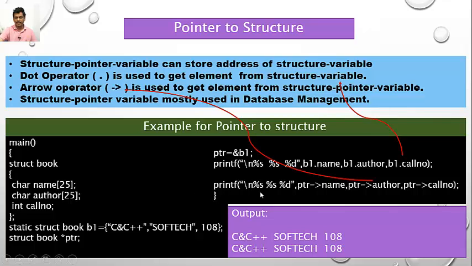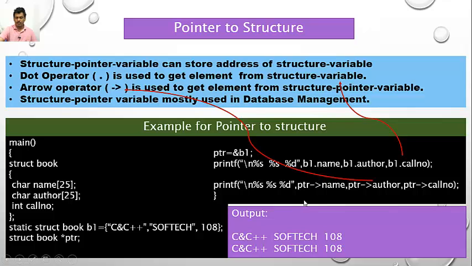The next printf statement: ptr->name, ptr->author, ptr->call_number, that is hyphen greater than. ptr is a structure pointer variable, and it has stored the address of b1.